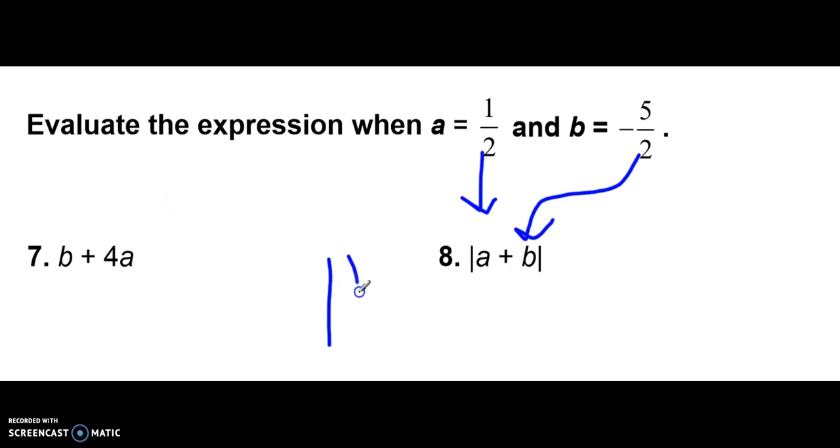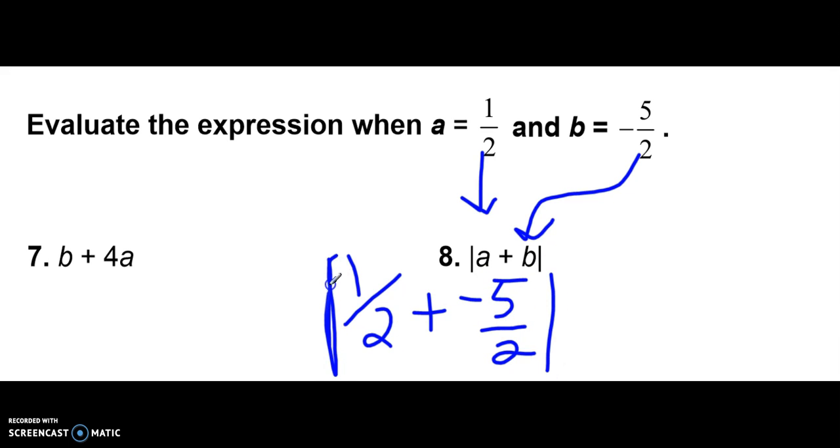So, the absolute value of 1/2 plus negative 5/2. We have to do what's inside the parentheses first. So we don't want to take the absolute value of 1/2 and take the absolute value of 5/2 and add them together. We're going to want to do what's in here first, and then we can take the absolute value.